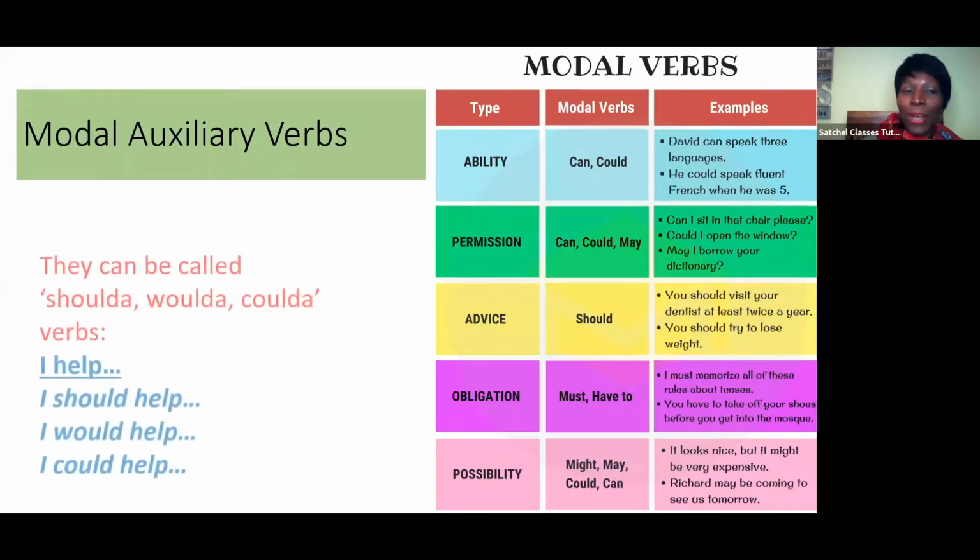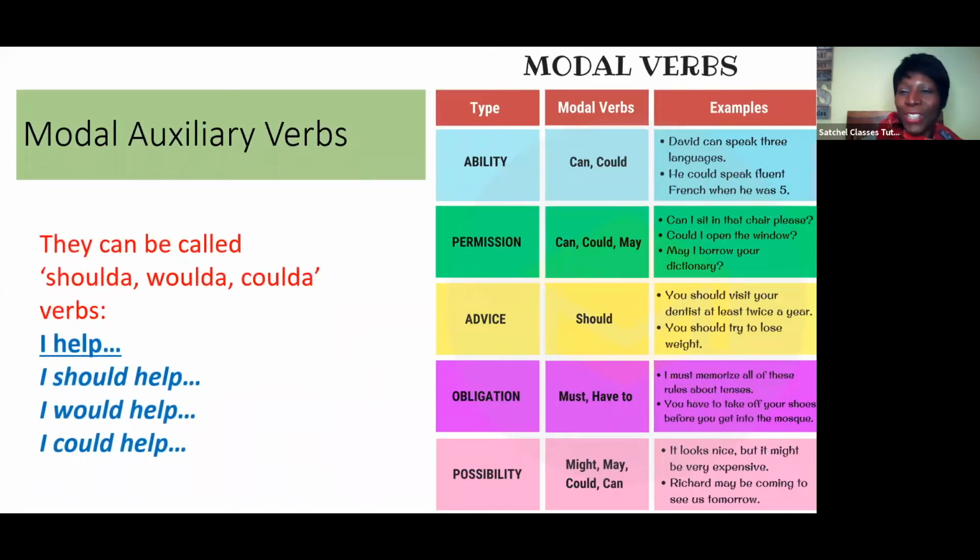We also have modal verbs. Now, modal verbs can be called shoulda, woulda, coulda verbs. I shoulda, I woulda, I coulda. They help us understand things that are possible, things that are permissible. They give advice, they give obligation, and they show what we can do. So you could say I help or I helped, but you could say I should help.